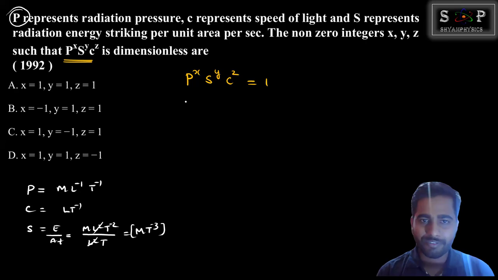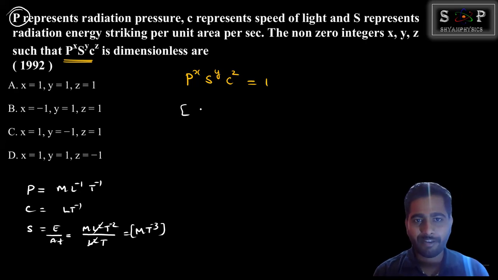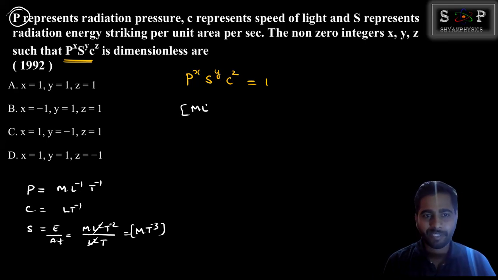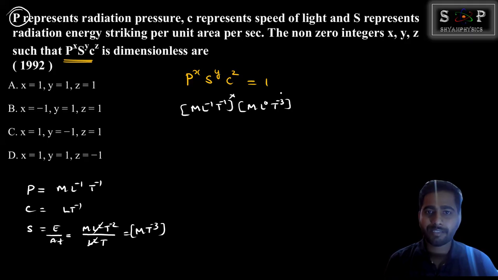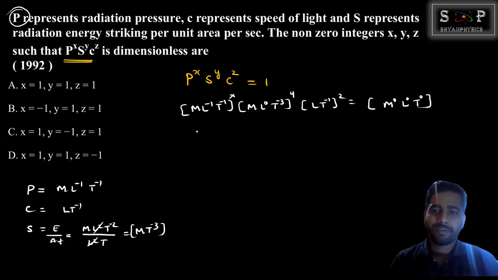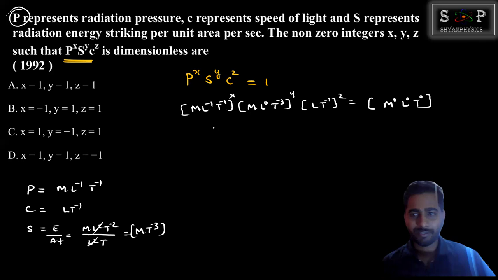So we need to substitute the values here first. For pressure it is M L to the power minus 1 T to the power minus 2, and next to that the S value: M L to the power 0 T to the power minus 3. This is x, this is y. For C it is L T power minus 1, z. Dimensionless means M to the power 0, L to the power 0, T to the power 0. Correct now? We will write this format in terms of M L T first.